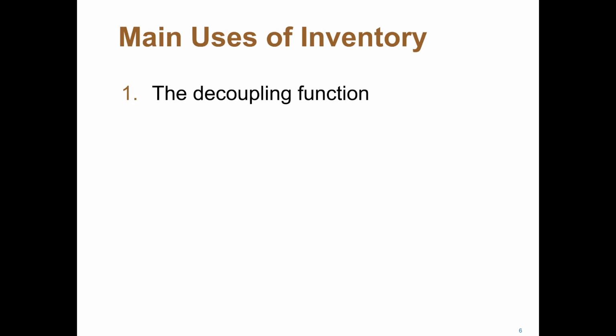Main uses of inventory. The decoupling function. By storing the inventory in a manufacturing process within the organization, we can make a buffer. Let's say there are different processes going on. One process finishes and then the product goes to another process.